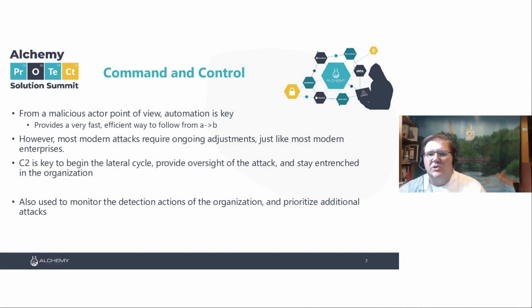C2 is really where that begins. That's what guides the attack, especially those deeply entrenched attacks over time. We've also seen C2 provide meaningful visibility and guidance for the attacker, and help reverse monitor the organization to see whether they've been detected, where they've been detected, and whether they're being stealthy enough to succeed.